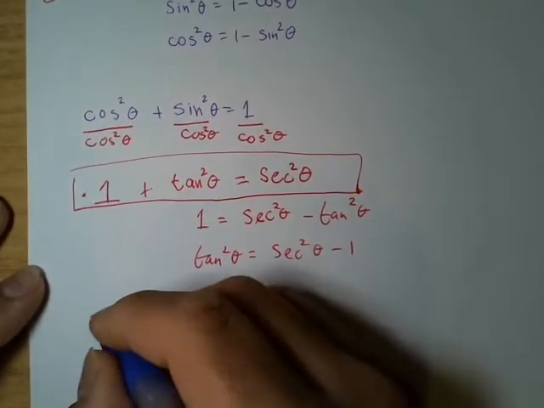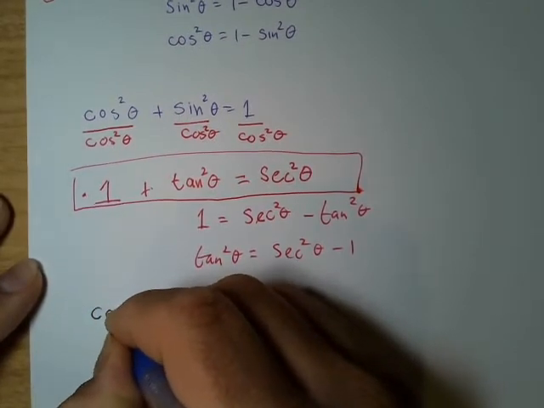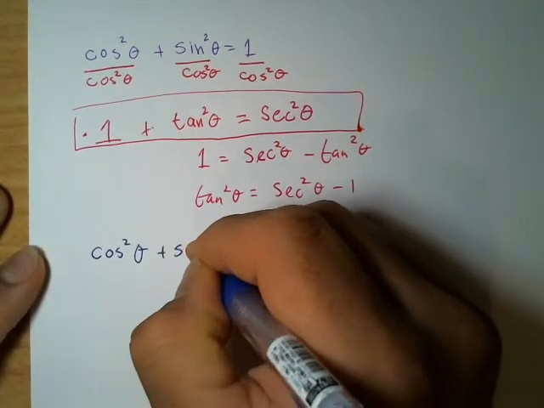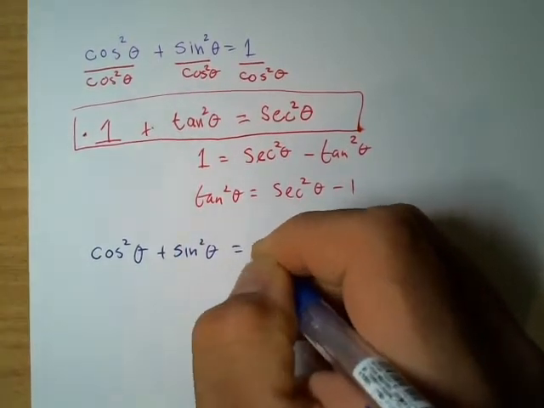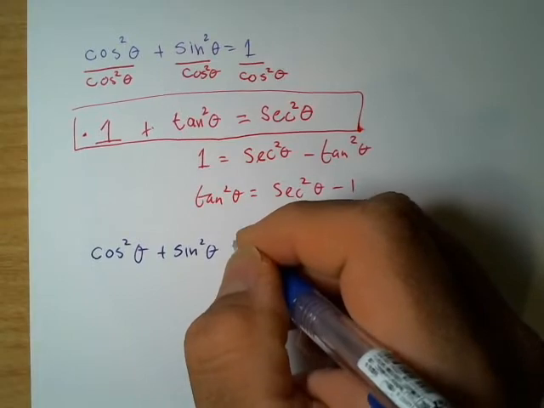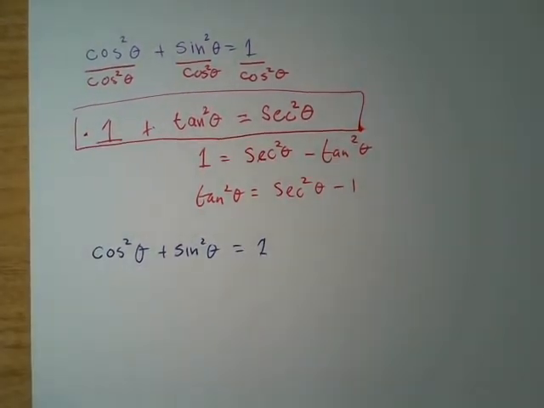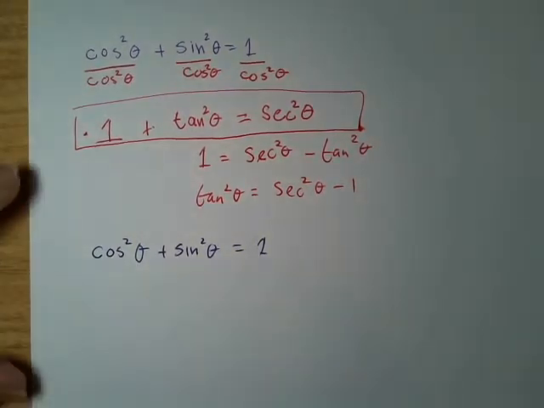Again, we'll start with the Pythagorean identity, cosine squared theta plus sine squared theta is equal to 1. And now in this case, we'll divide through by the sine squared of theta.